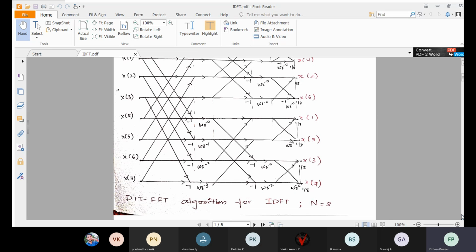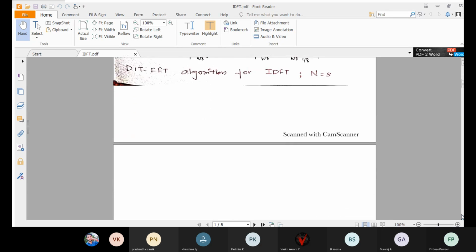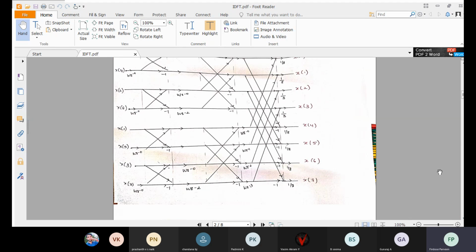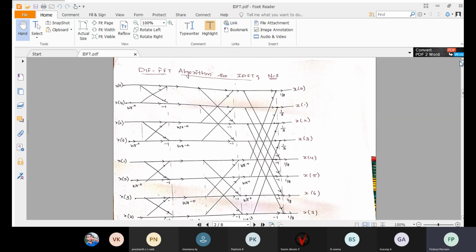The same thing for DIF FFT. Again here will be 2 point, then 4 point, then 8 point. Here W8 to the power of minus 0, W8 to the power of minus 0, W8 to the power of minus 0.